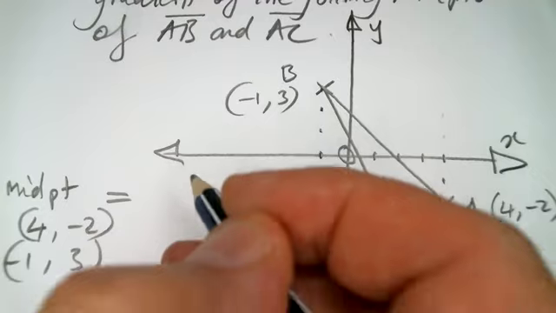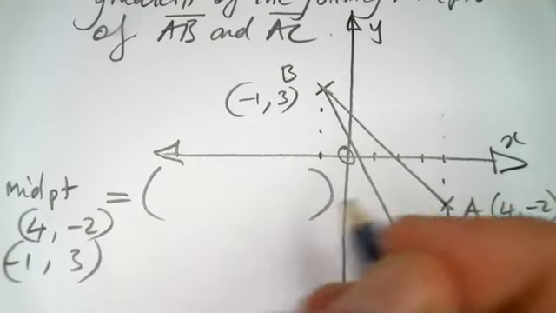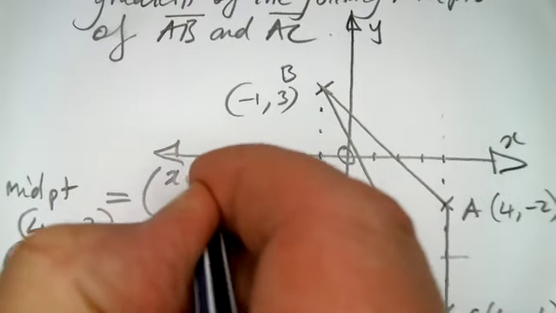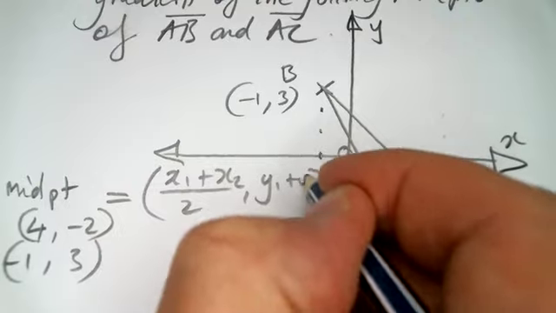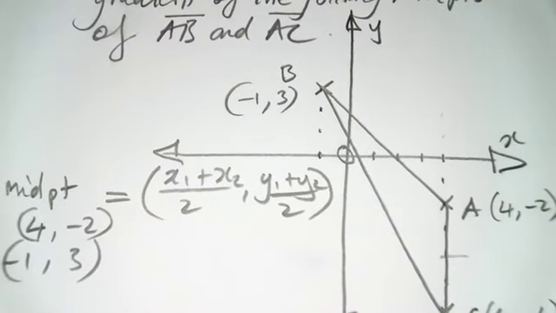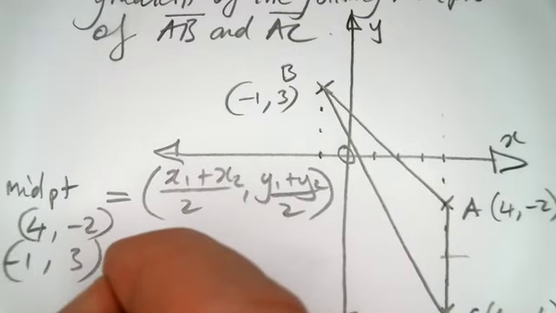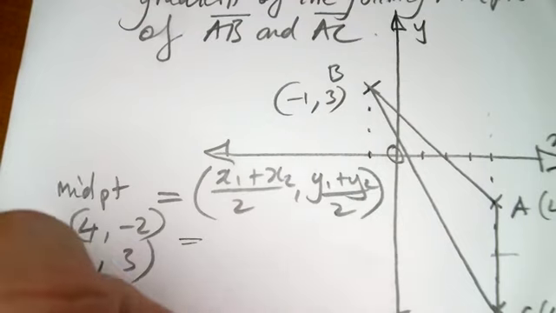Now, I'll go equals, but really, remember, this is not an equation so much as an expression. So I've got x1 plus x2 over 2, y1 plus y2 over 2. I'll use a sharp pencil, I think. Definitely called for here. Now, notice I line these up, so I'll call this 1, this 1, and this 2.